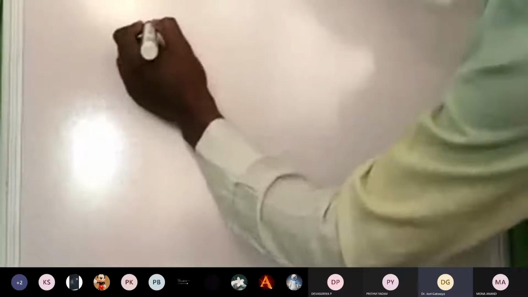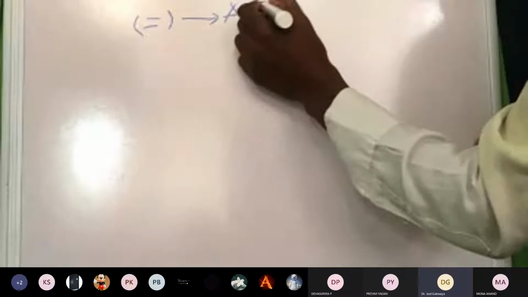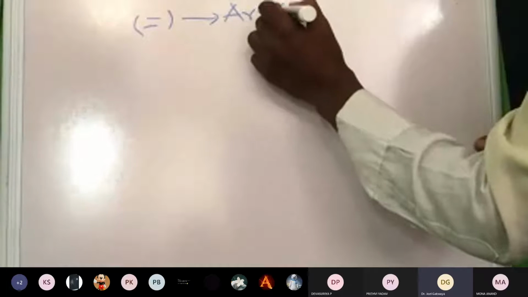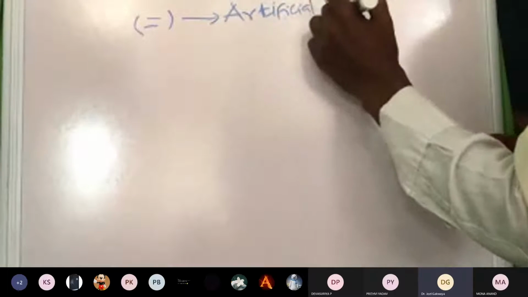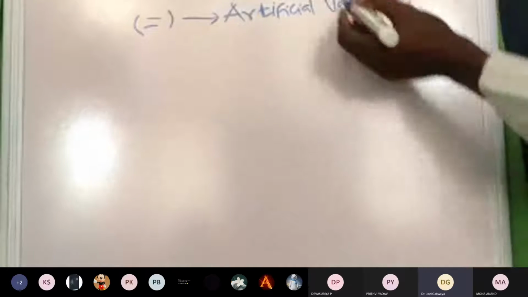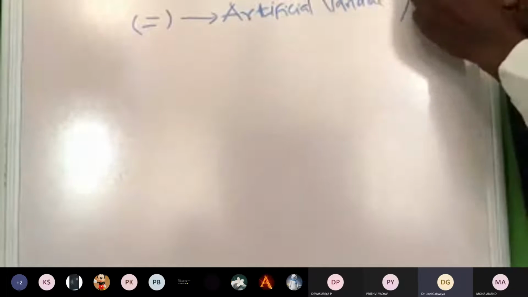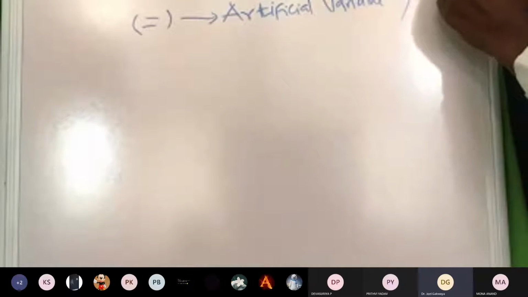When the sign is equal to, here also we apply something called the artificial variable, to balance our equations, to convert the inequality into an equation.